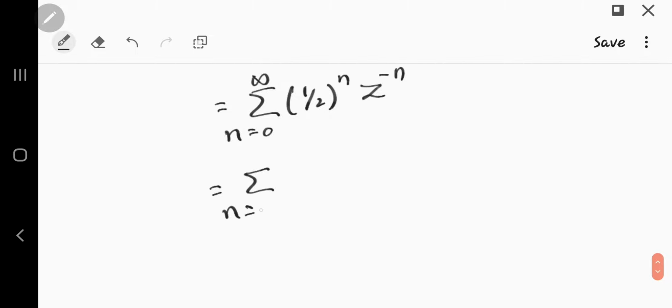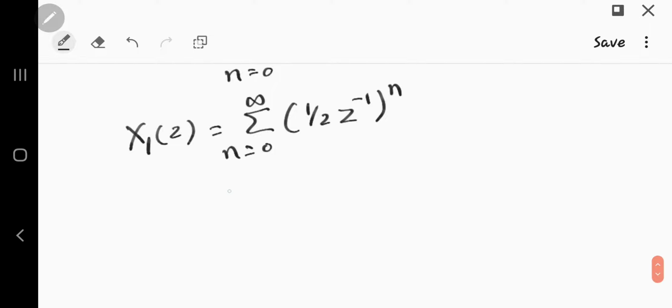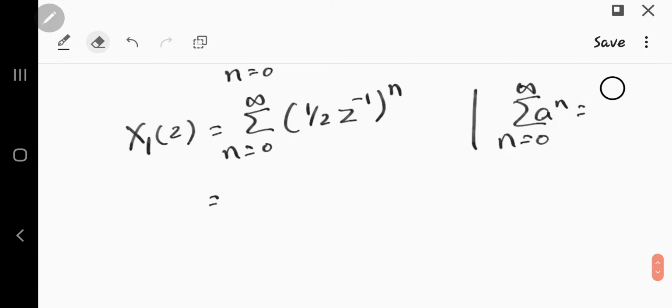Now if you combine this, you will get the sum of ((1/2) z^-1)^n. That gives us a standard geometric form: the sum from n equals 0 to infinity of a to the power of n is 1 divided by 1 minus a.